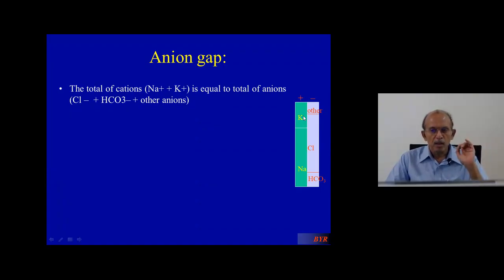Now, if there is any alteration in this anion level, for example chlorides, the patient is losing a lot of chlorides in the vomitus, as in pyloric obstruction. So the level is falling here.